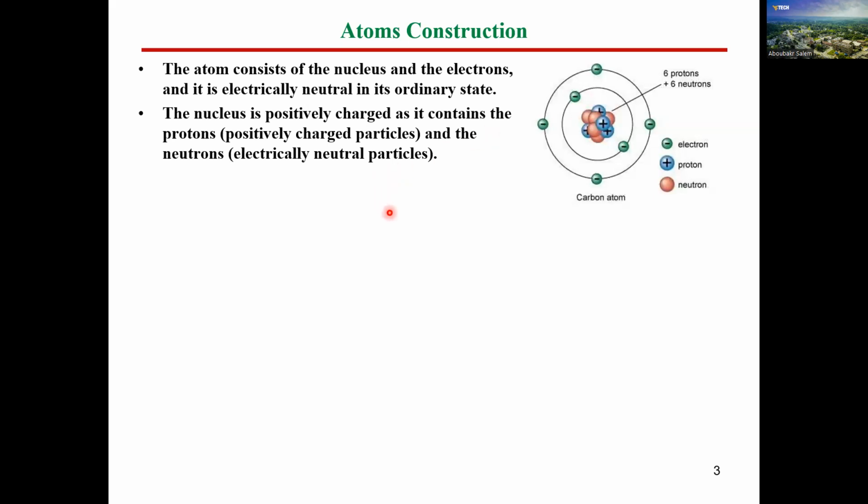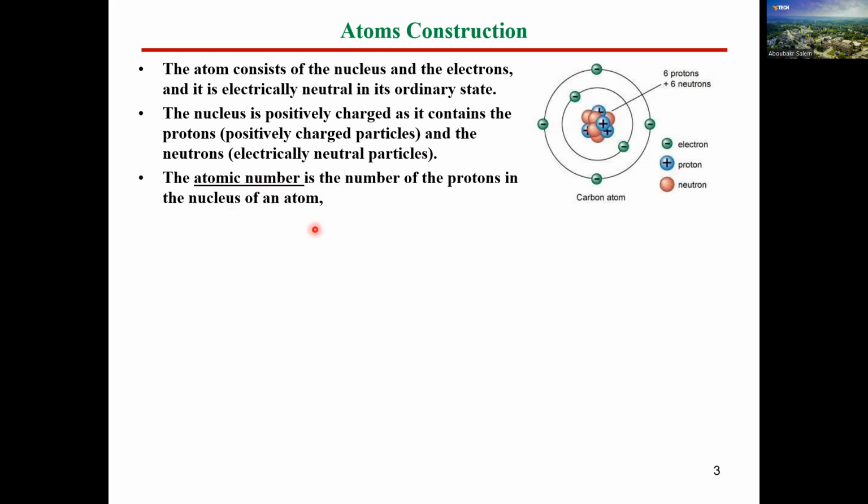And the atomic number, as you can see, we have here a number 6. So 6 here is 6 protons, and we have also 6 neutrons inside. So we have a number called the atomic number. What's the atomic number?